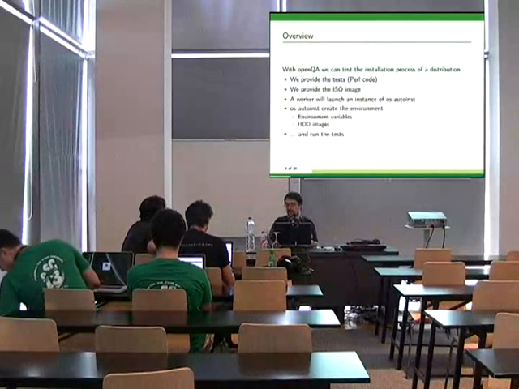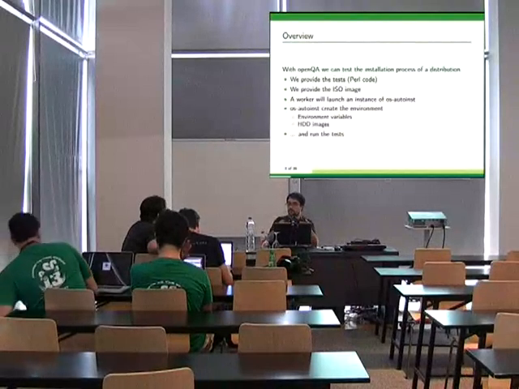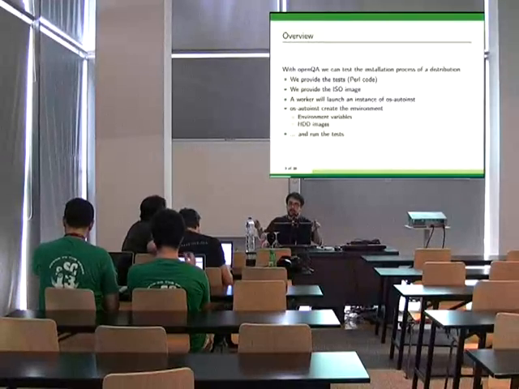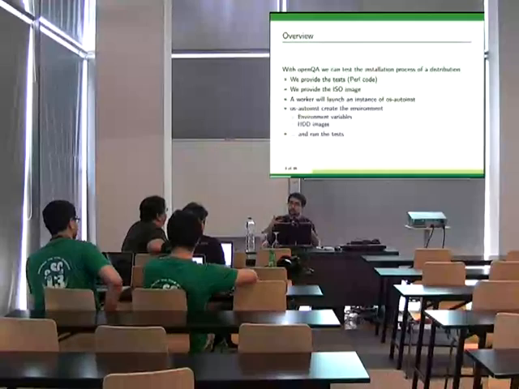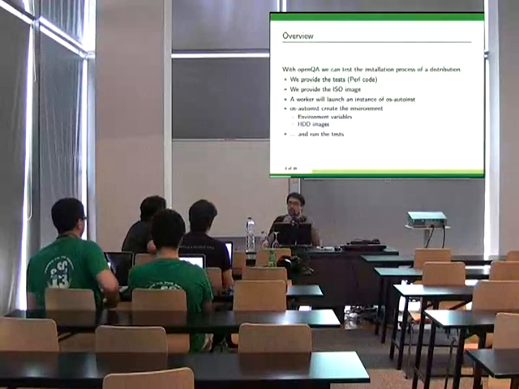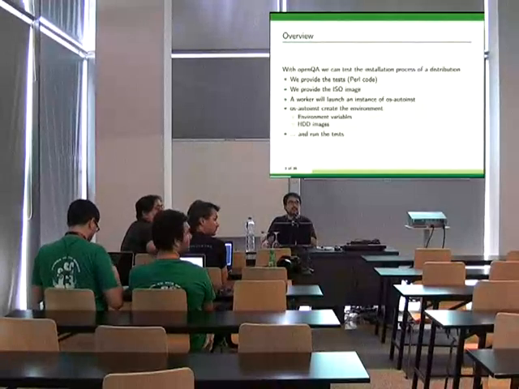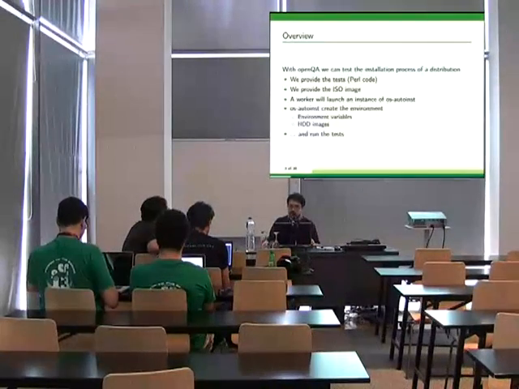We have different components, and one of them will create itself the virtual hard disk, a set of environment variables that are used to explain to the test what we are expecting to test, and the engine will configure everything and start running the different tests.